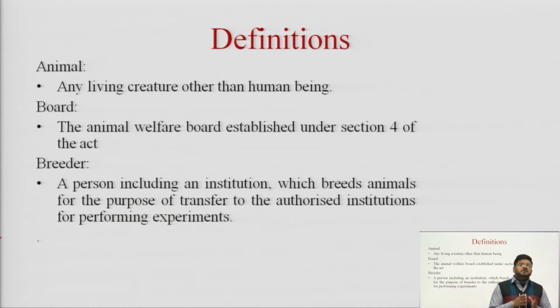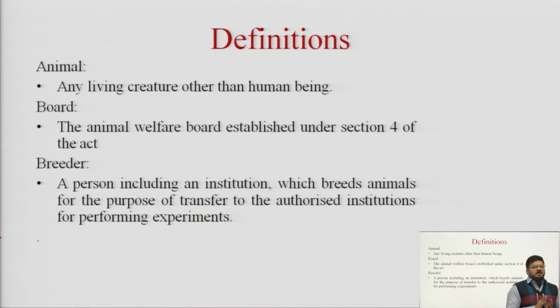So, who is a breeder? A person, including an institution, which breeds animals with the help of one or two animals. They breed categories of animals only for the purpose of performing experiments. That particular term is called breeder.